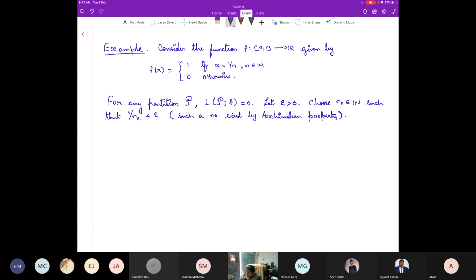Let P_epsilon equal 0, 1/n_epsilon, and then starting from 1/n_epsilon, how many points of discontinuity do we have?